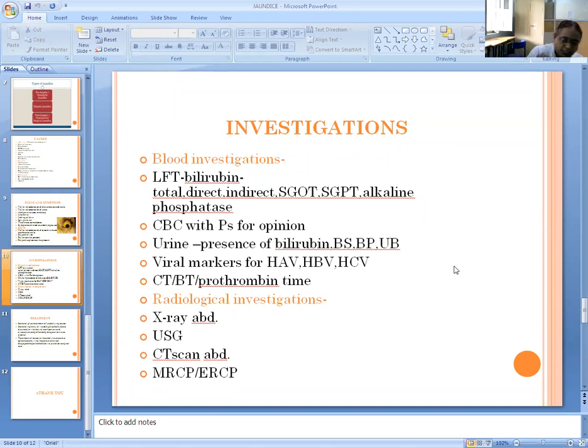These are imaging studies to see whether there is an obstruction in the biliary pathway, either in the form of calculi or stricture. So radiological investigations include X-ray abdomen, USG abdomen, CT abdomen, MRCP, and ERCP.